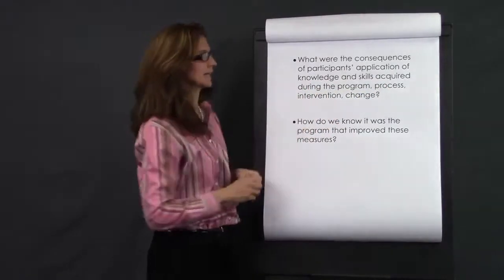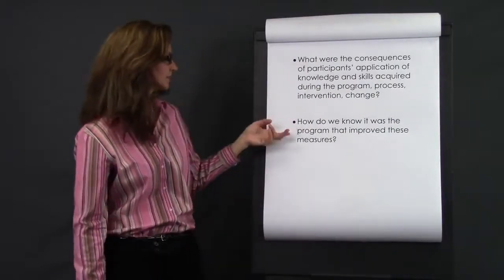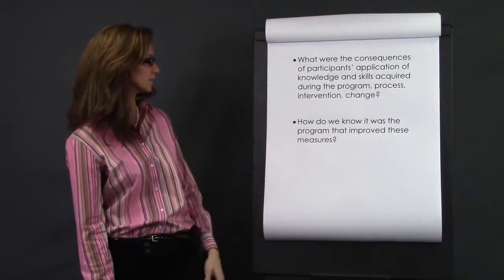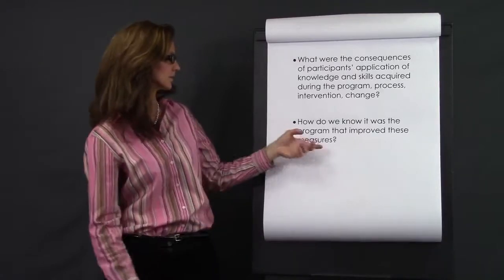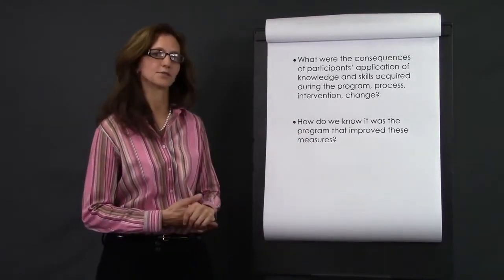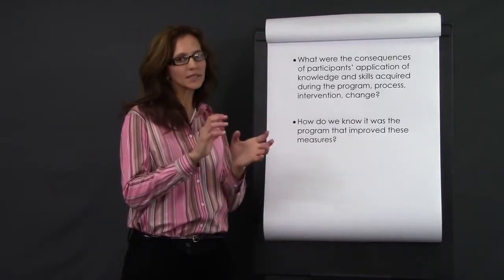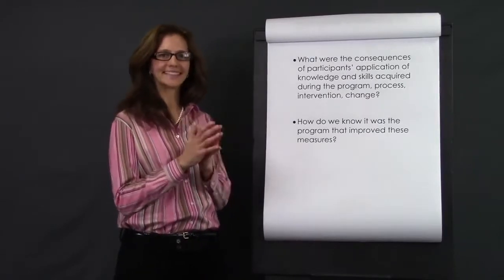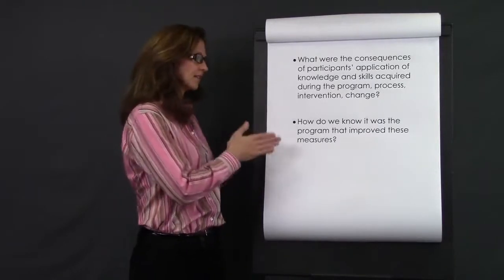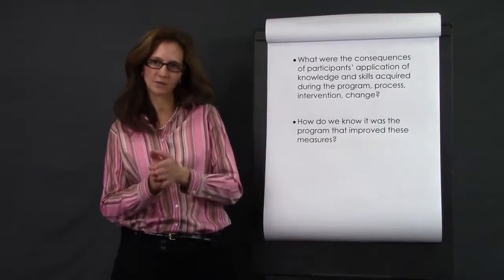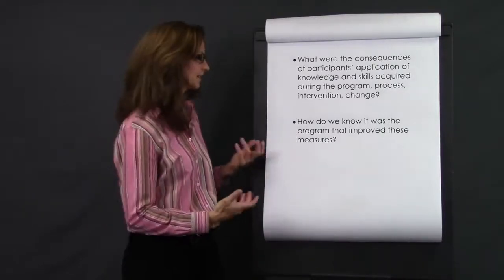But this is looking at it again from a larger perspective. And then, how do we know it was the program that improved these measures? So we have to make sure that we connect those dots and link these things together to actually know the cause and effect, that the program actually was the reason for the desired outcome.